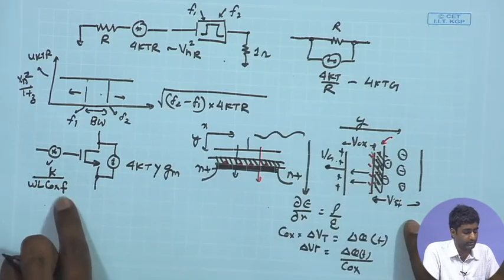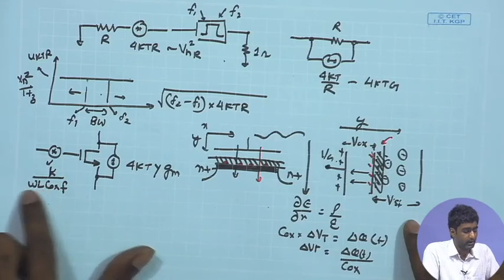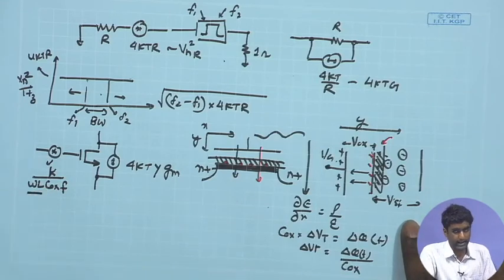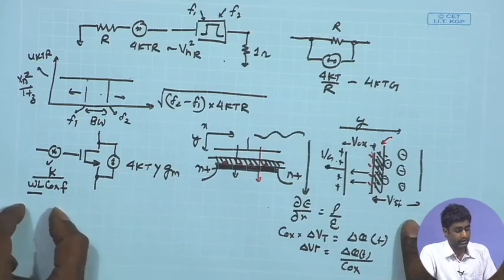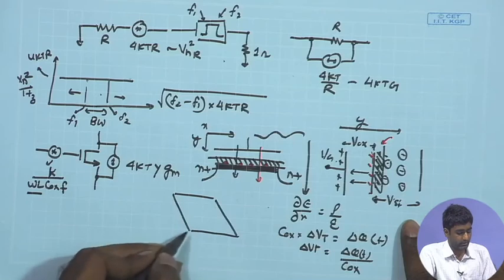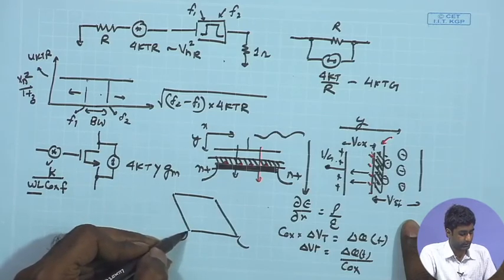So that brings in the 1 upon f factor, and then we have the last two terms, W and L, which give the total area of the MOSFET. That basically comes from the spatial averaging of the trapping detrapping process over the entire MOSFET.